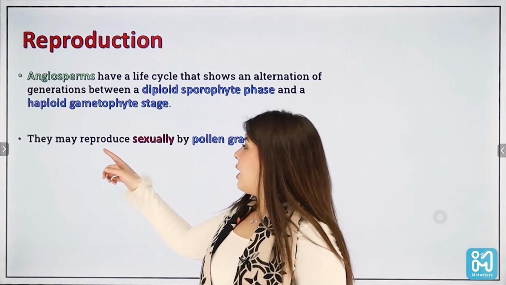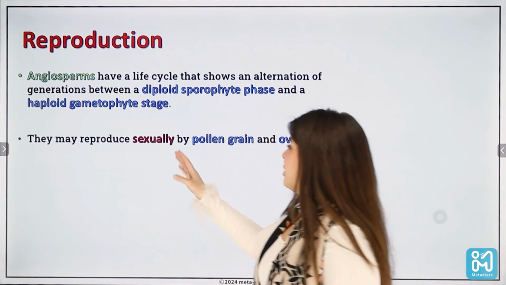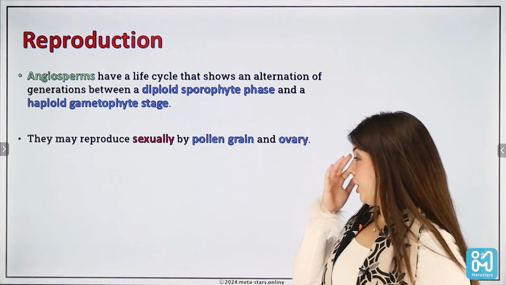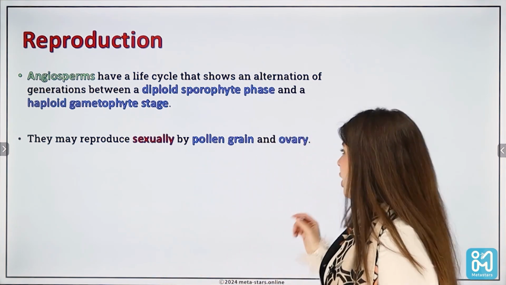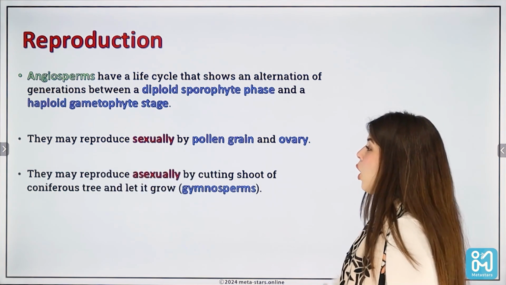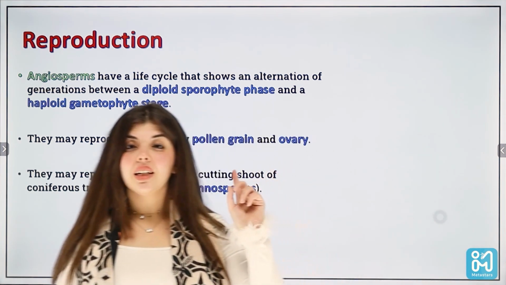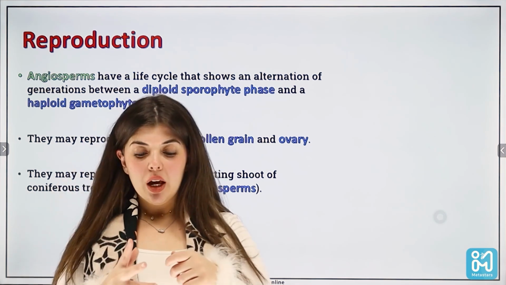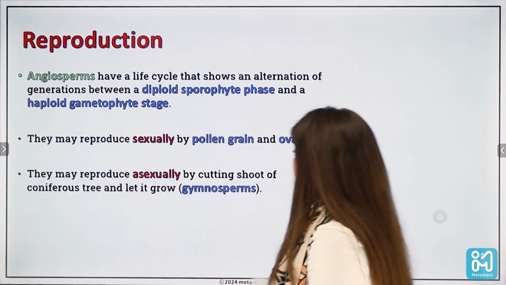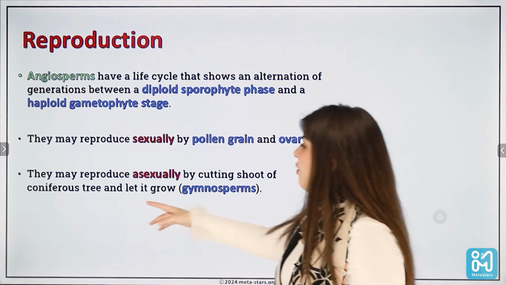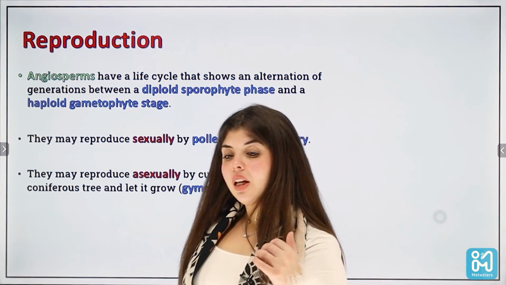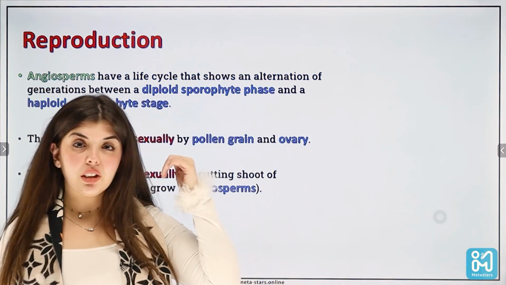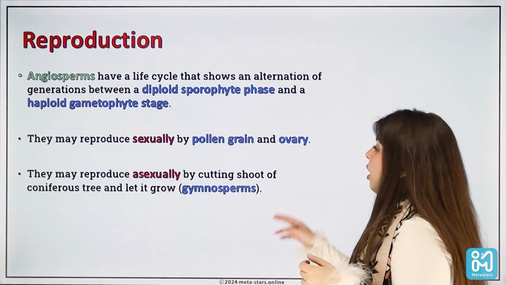They may reproduce mainly sexually by pollen grain and ovary. Pollen grain is the male part and ovary is the female part. Or, and keep it in mind, they may reproduce asexually by cutting off the shoot of a coniferous tree. We talked about coniferous trees in the last video.